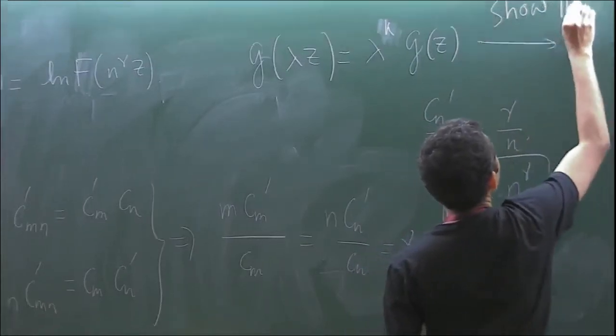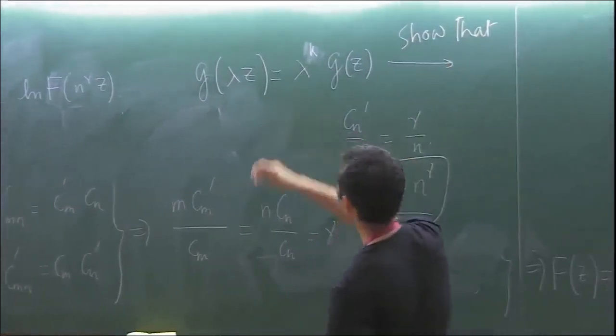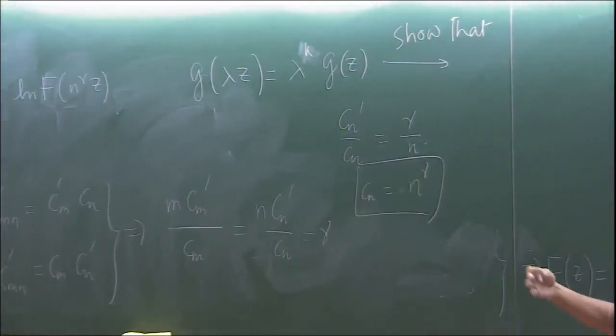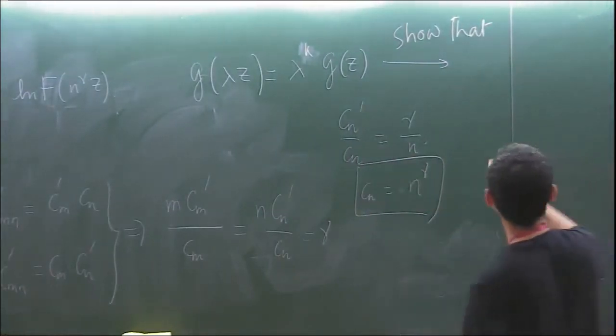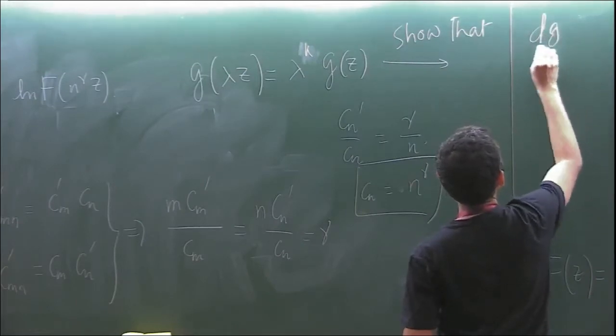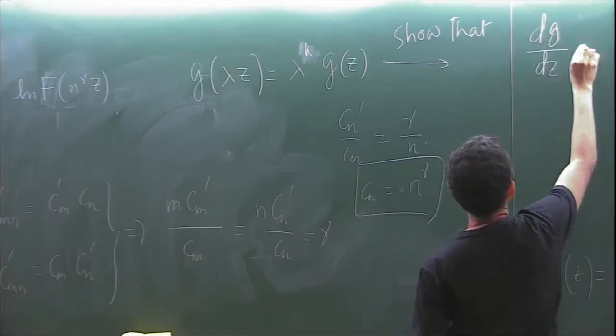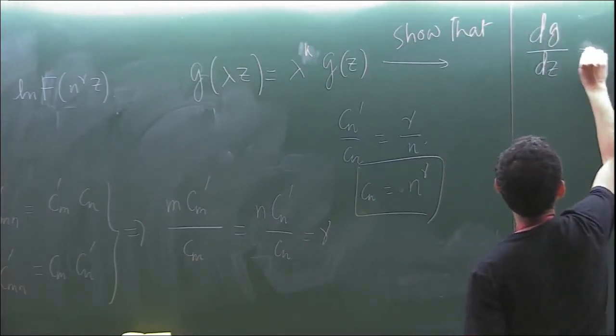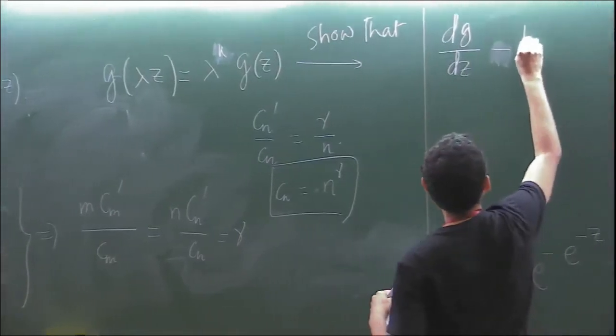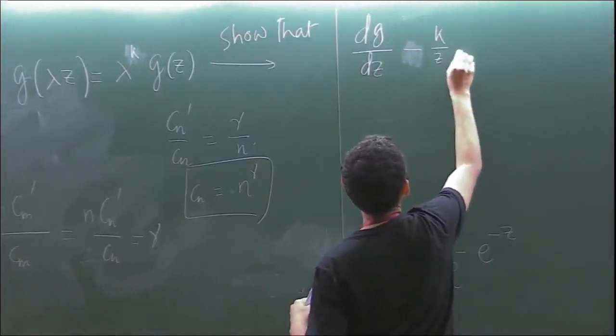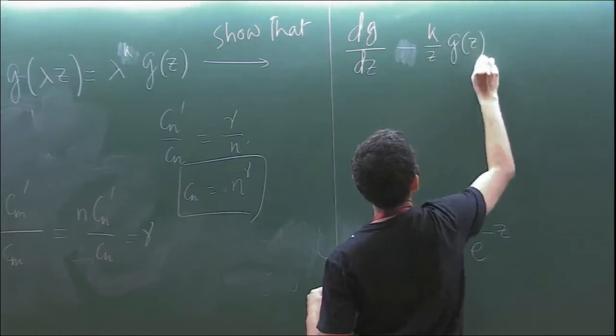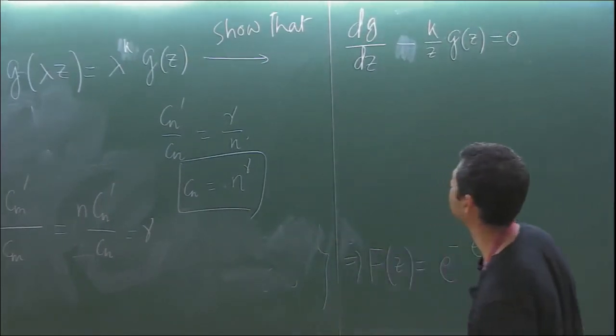Show that this function satisfies a differential equation, dg/dz minus k by z g(z) is equal to 0.